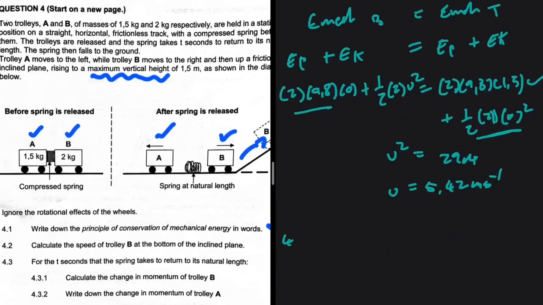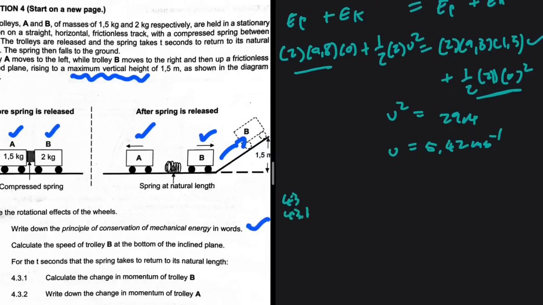Okay, and then 4.3.1. For the t seconds that the spring takes to return to its natural length, calculate the change in momentum of trolley B. So change in momentum delta P is m multiplied by Vf minus Vi. We can use this to find the change in momentum, right?